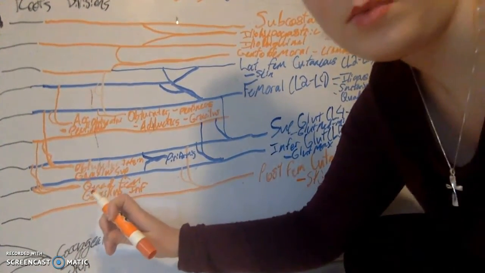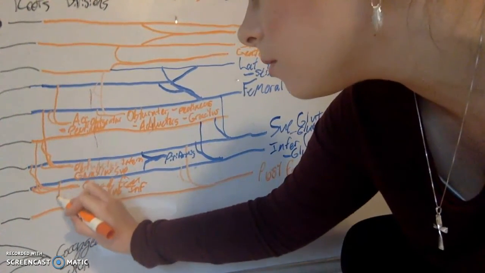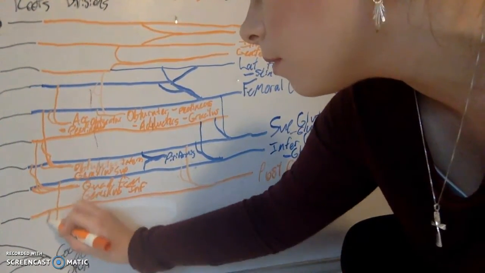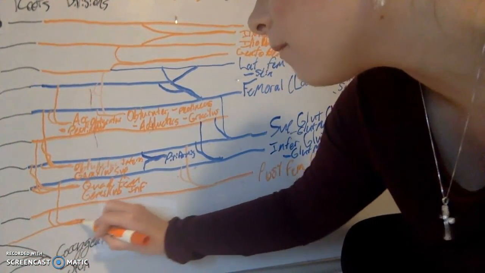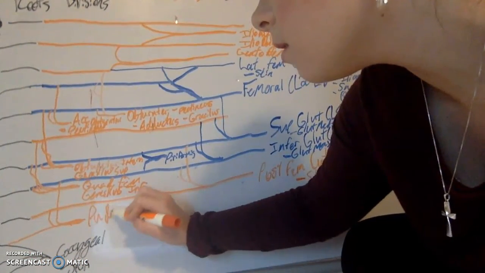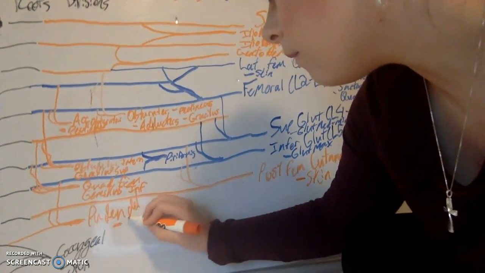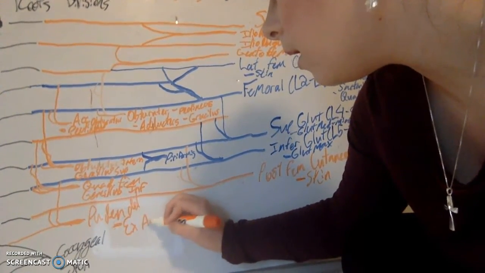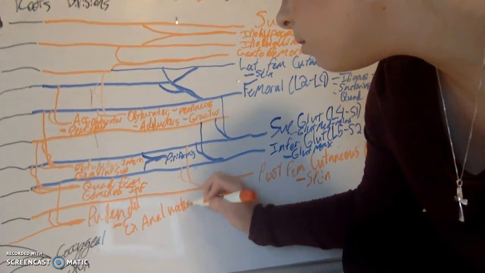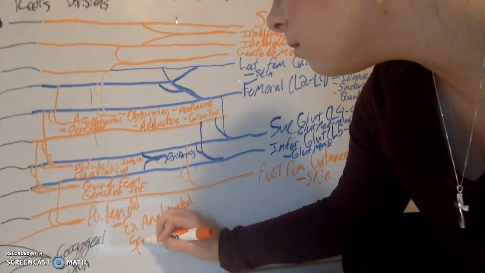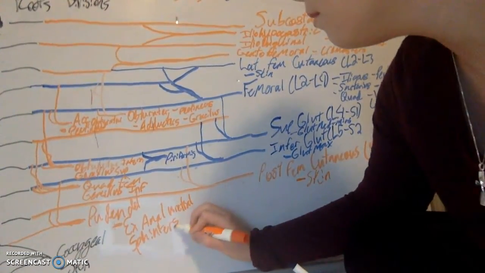And then we will have, coming off of S2, S3, and S4, the pudendal nerve, which will innervate the external anal and urethral sphincters, which I'm very thankful for.